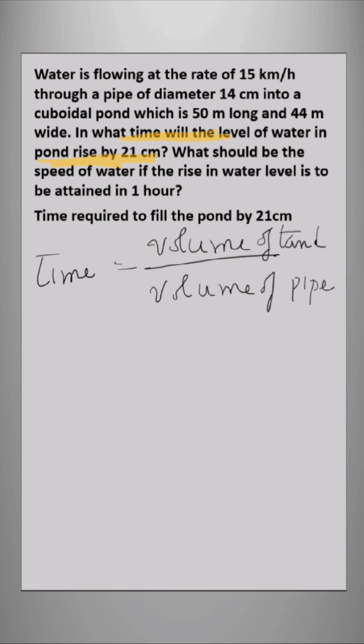Now, volume of the tank. Let me write the things in blue color to avoid confusion. Volume of tank, we know it, is 50 into 44 into 21 by 100, divided by, let me write volume of water in pipe in purple color.